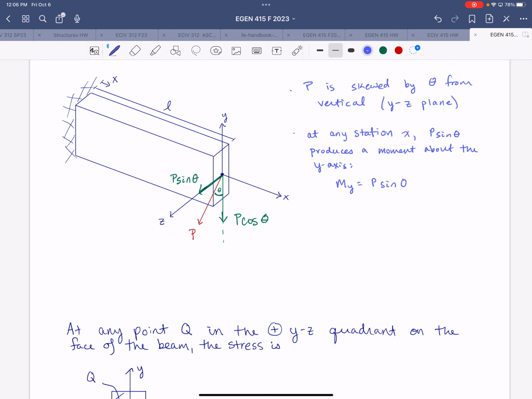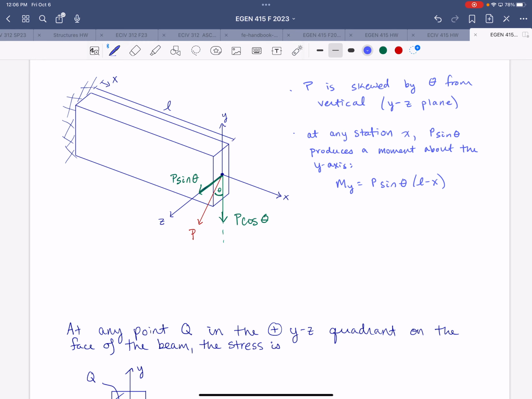For the cantilever configuration, the moment arm will be L minus X, since we have the free end. So the moment at any point along the length about the y-axis will be P sine theta times L minus X.